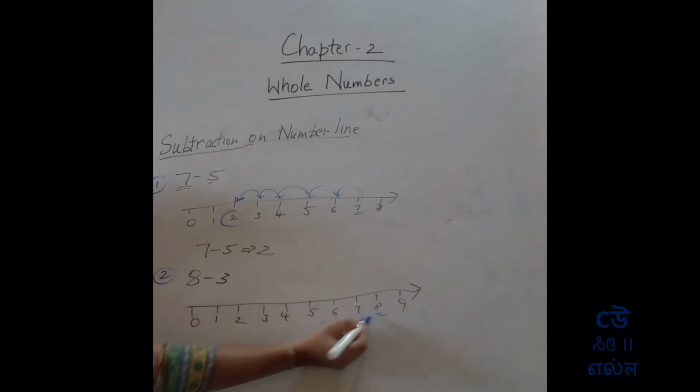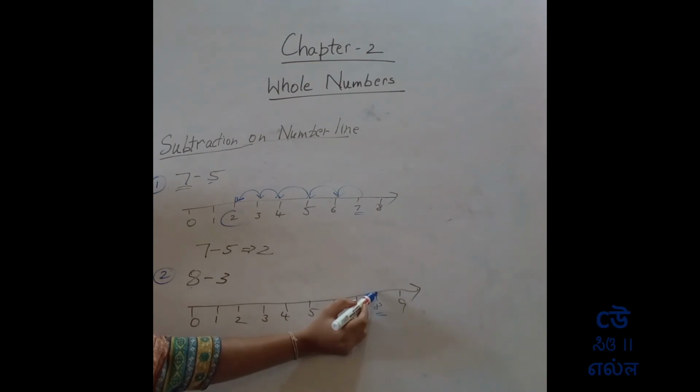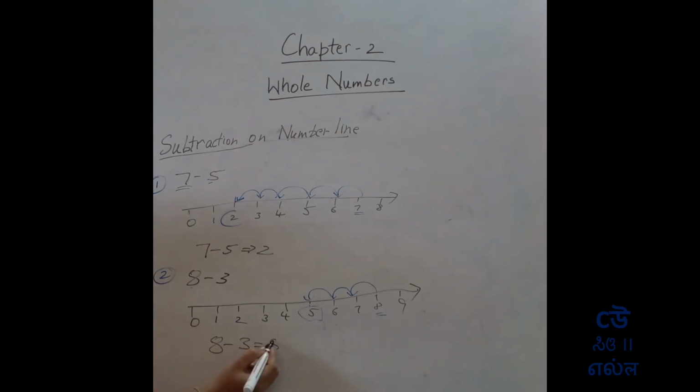Where is 8? Here we have. How many times back do we have to go for 3? Subtraction, so we have to go in reverse order. 1, 2, 3. 3 times we went back. What is the answer we got? 5. So 8 minus 3 is equal to 5. Okay.